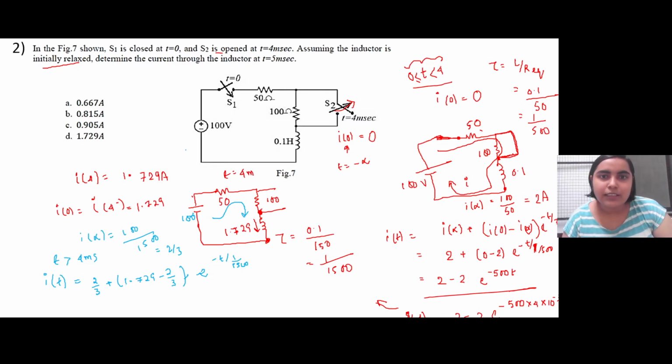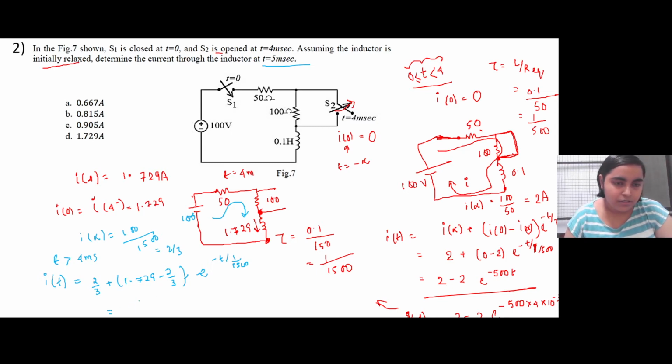So what you have been asked is to find the inductor current at time equal to 5 millisecond. So in place of this t, you just put 5 millisecond and you will arrive at the answer. So can you quickly calculate this and tell me which is the correct option? You have the equation now.